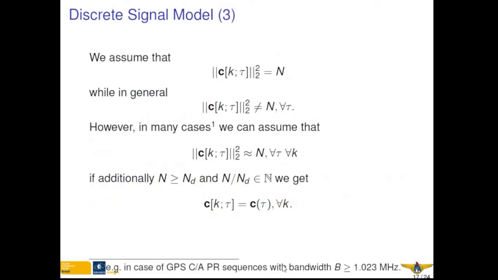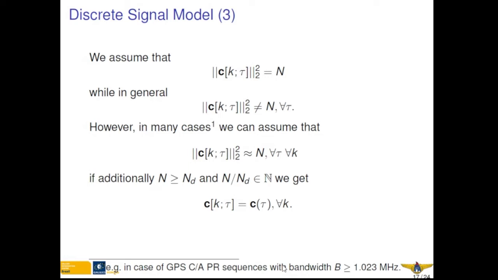We will assume for the PR sequence that the square of the L2 norm is N. In general, depending on the delay, this is not exactly true. This can change, depending on the waveform or the chip pulse shape used to modulate the sequence. However, for example for GPS C/A PR sequences with a bandwidth larger than 1 megahertz, this is a very good assumption.